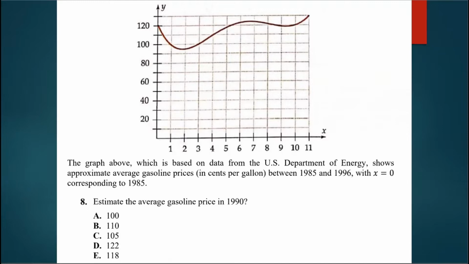That's 11 years, where x equals 1 corresponds to 1985. So what about 1990? That's 5 years after that. So 1990 should correspond to number 5 here. It's 85, 86, and so on till 90 at 5.